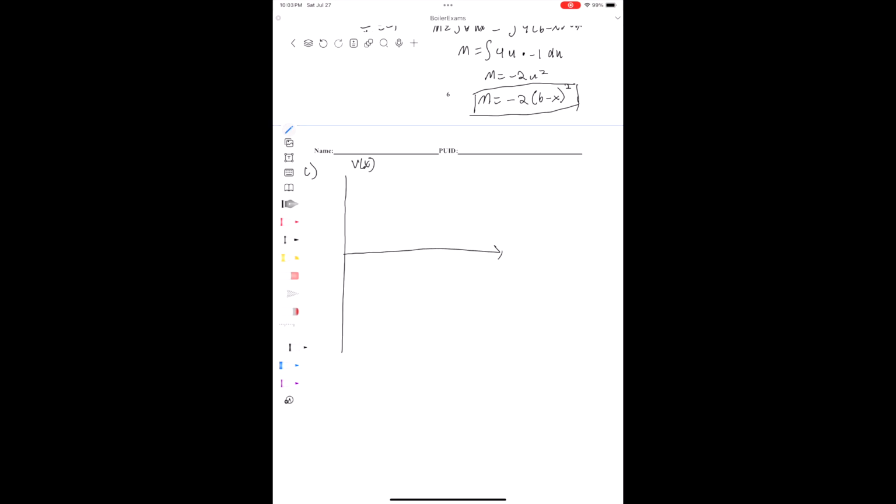I'll do my V of x diagram first, and I'll try to make this as even as I can. That's, I say as I immediately make it uneven. All right, that's close.